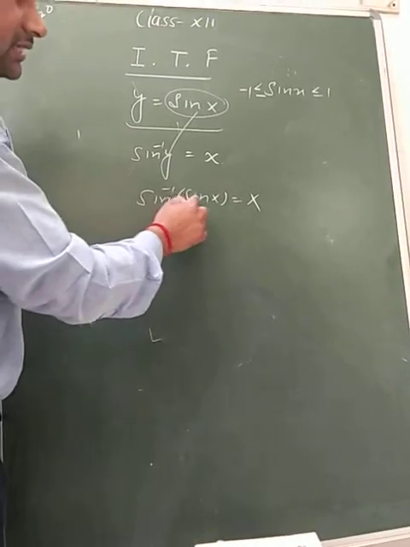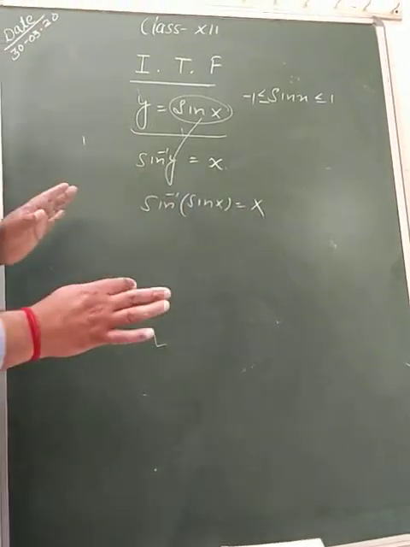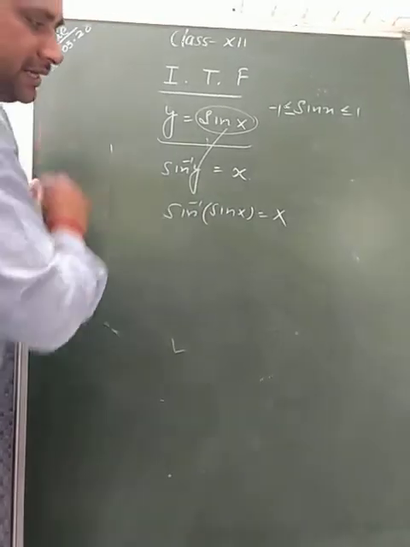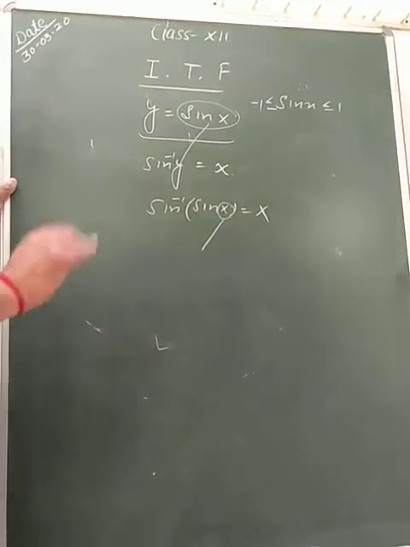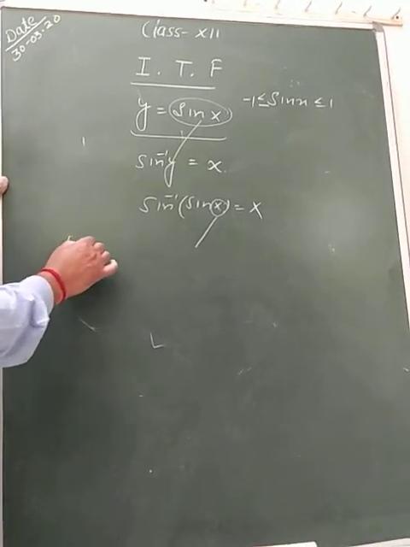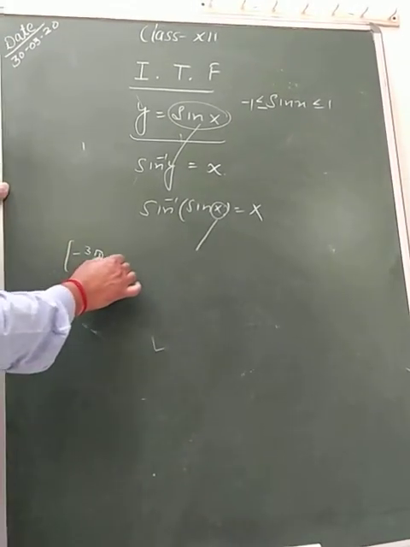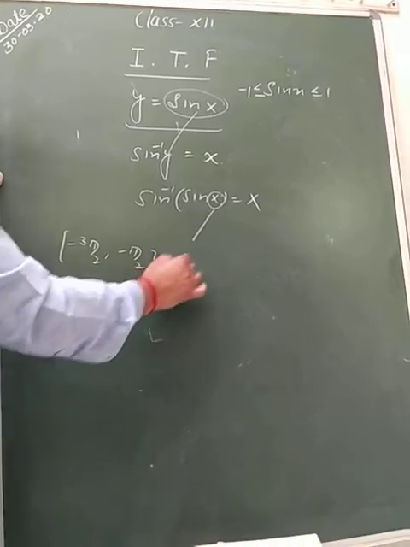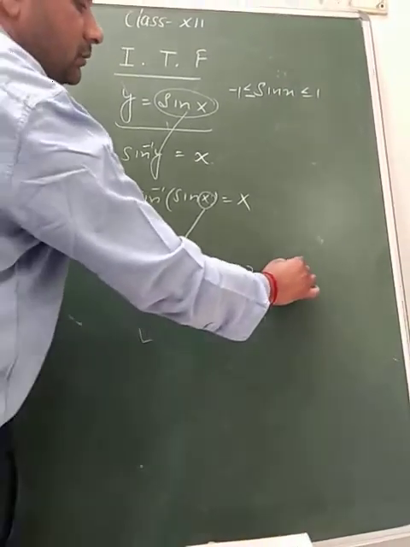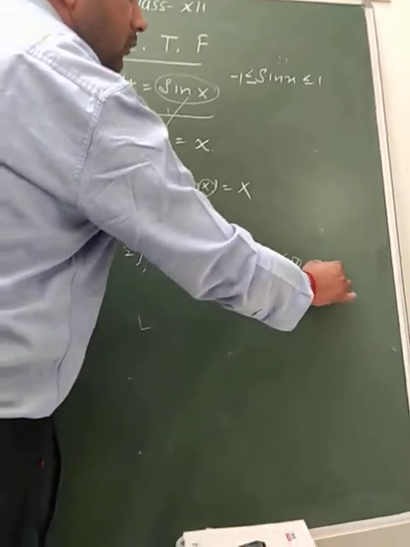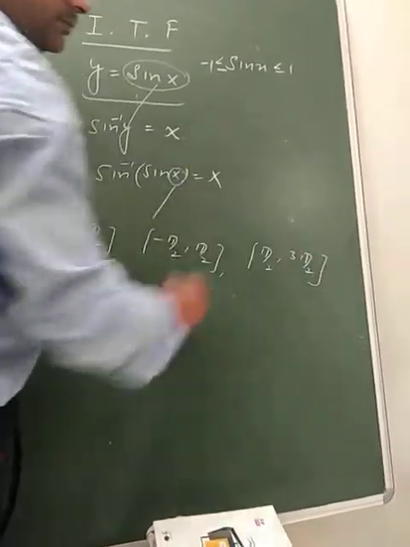So sin inverse and sin both cancel each other, but this depends on x. What is x? We have mainly three branches: minus 3 pi by 2 to minus pi by 2, minus pi by 2 to plus pi by 2, and plus pi by 2 to 3 pi by 2.